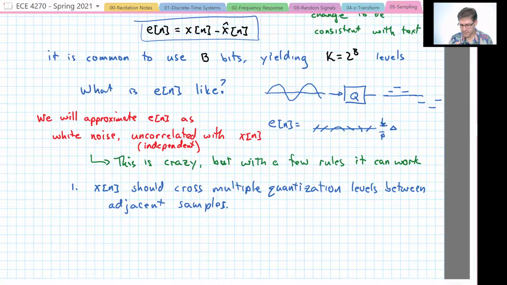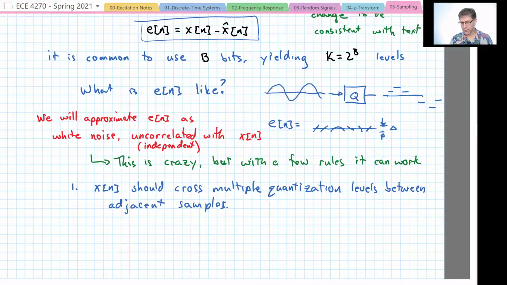In this case, although I didn't draw the samples, it's implied that we have many samples that are all adjacent to each other, and we go and go and go until we finally hit a quantization level. As a result, the error samples are effectively adjacent to each other, highly correlated with each other.